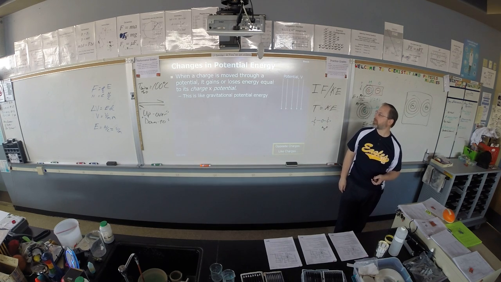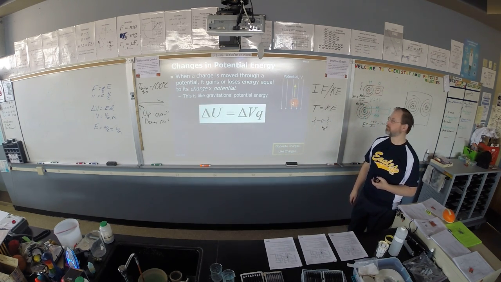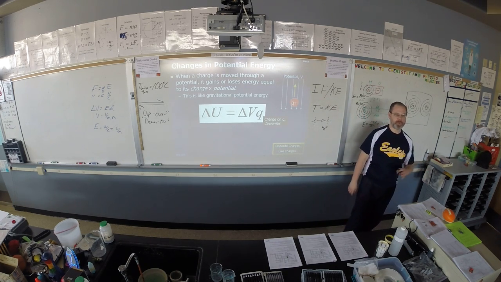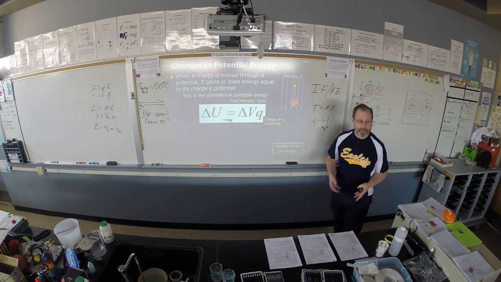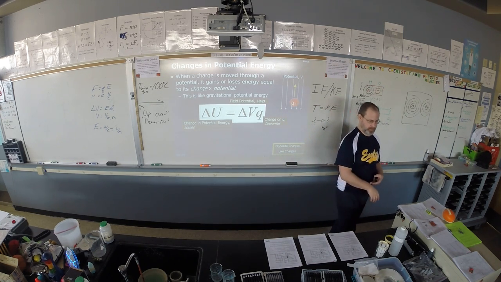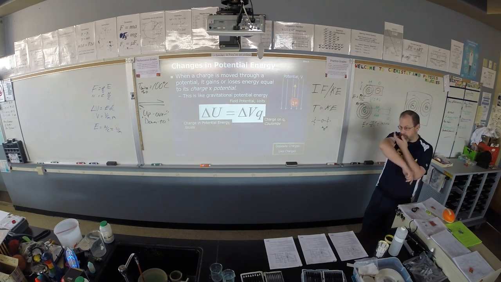Then I'm going to push that particle through the potential. The amount of energy it requires to push a charged particle through a field is given by the charge of the charged particle multiplied by the change in potential. That's how much energy it's going to take to push it through the field.